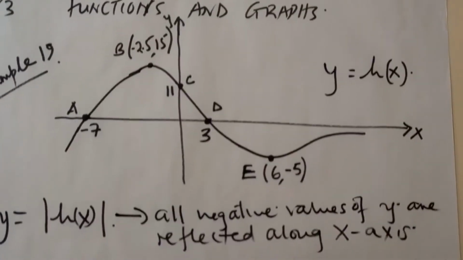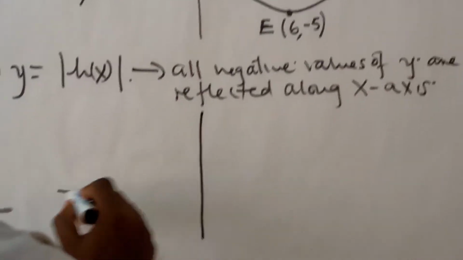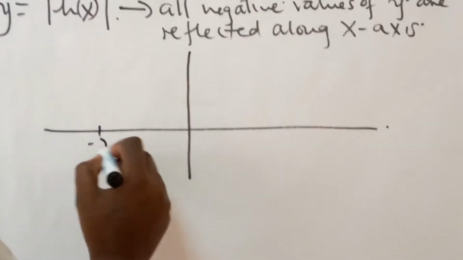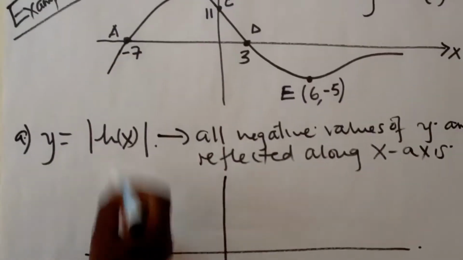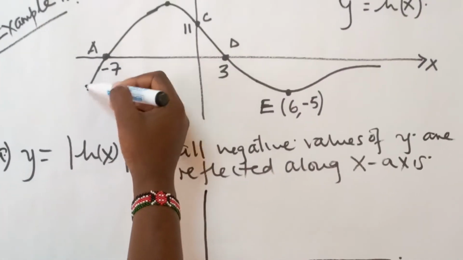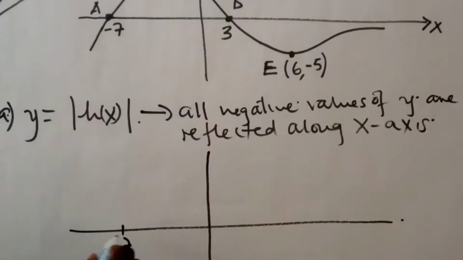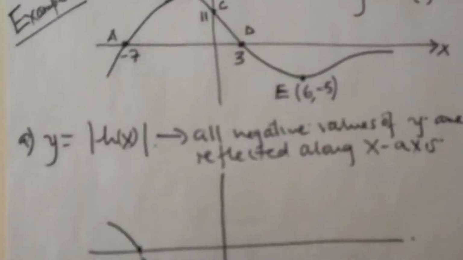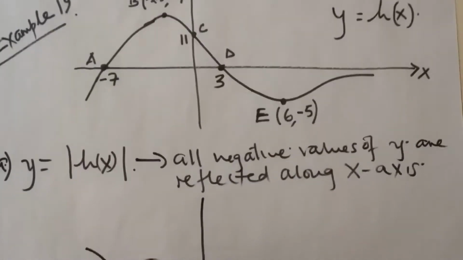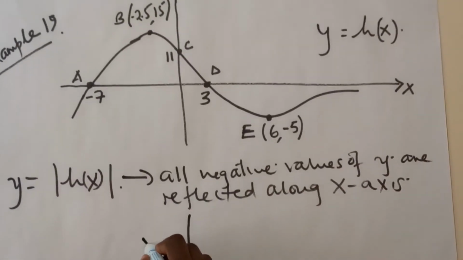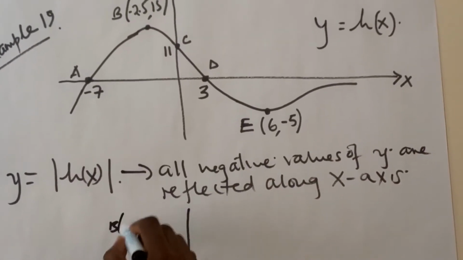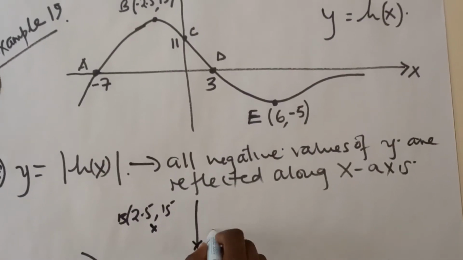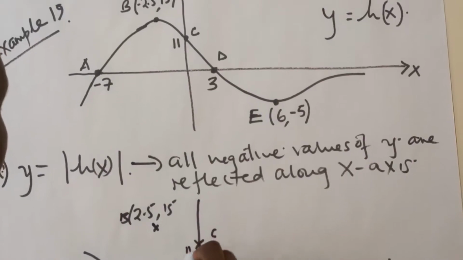So in this case, we're supposed to have it this way. Negative x remains negative 7, but this part of the graph that is reflecting negative y is supposed to reflect now positive y. And of course, all these points, there is point B, which remains (-2.5, 15), and there is point C, which remains 11.